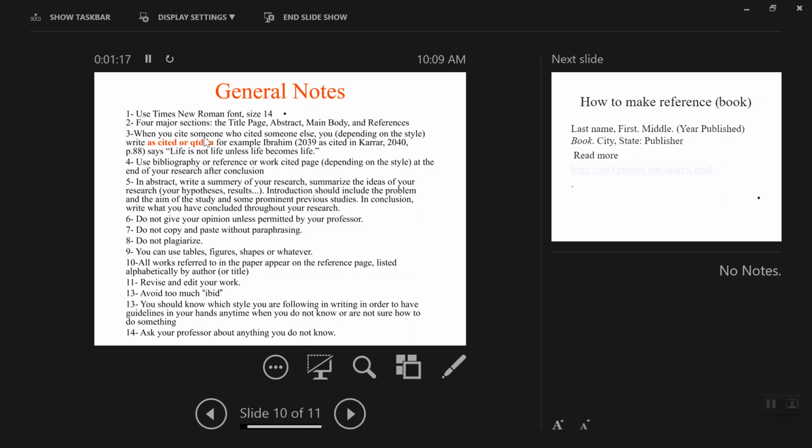You have four major sections: the title page, abstract, main body, and references.